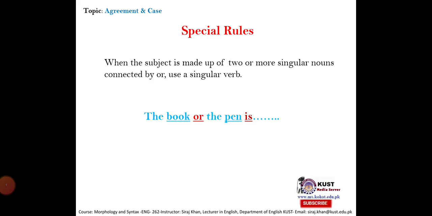So that gives us a compound subject, and that is singular. "Or" implies one or the other. Pen is singular, so we have taken a singular verb here. The book or the pen is helpful.